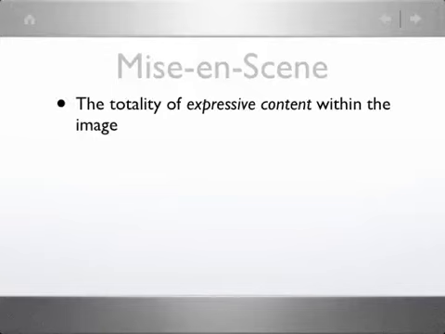Certainly that includes the actors, because the actors are expressing themselves and have expression. It can also include props or other objects that we can see within the frame, which have some sort of expressive value. Props are used by actors and usually have some significance in terms of the narrative that is being told.